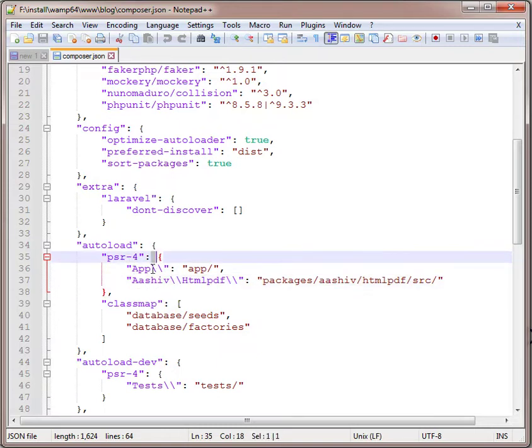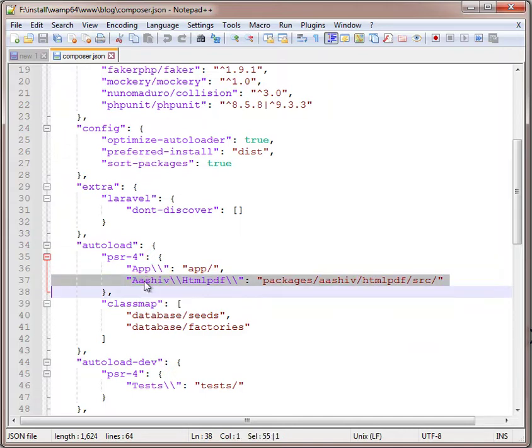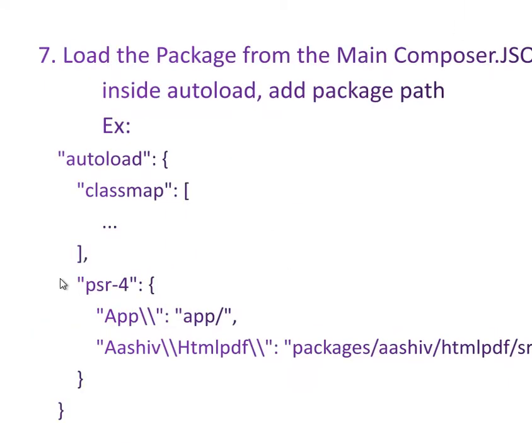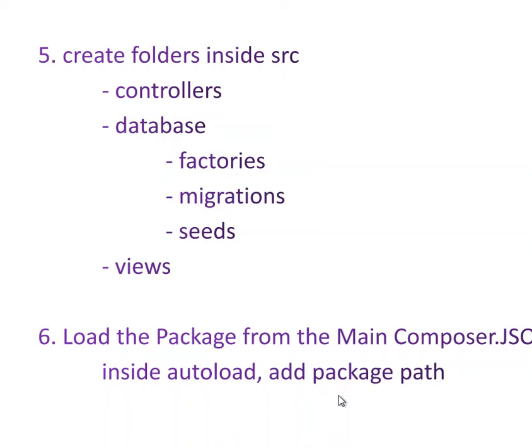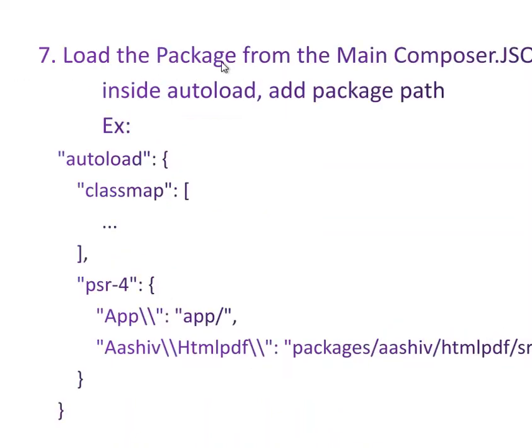Under PSR4 we have to declare our package, the vendor name slash package name, and its path. So the package is the vendor package and src. This is how we load the package from the main composer json. So here we have discussed this.